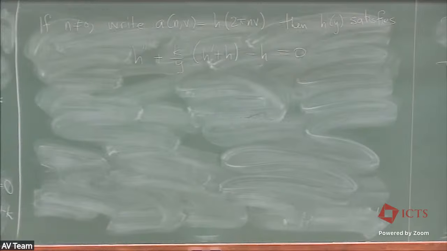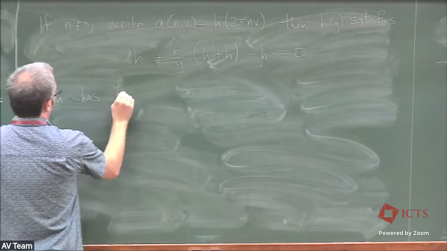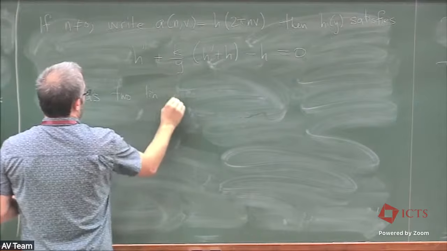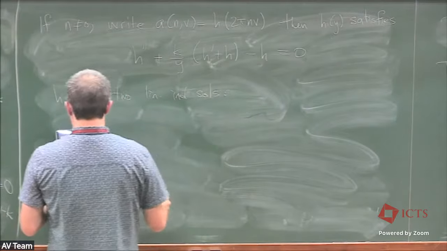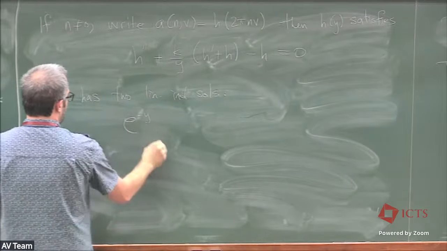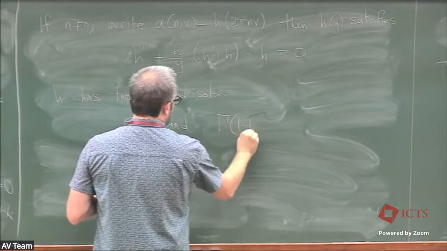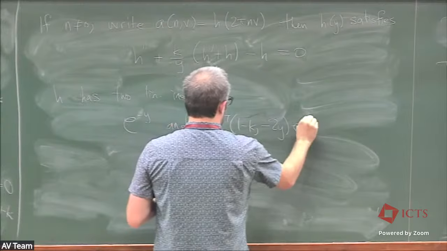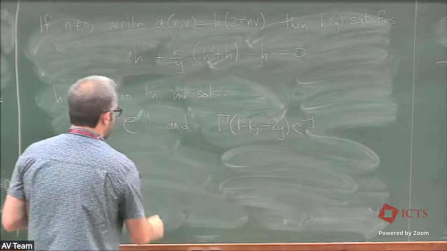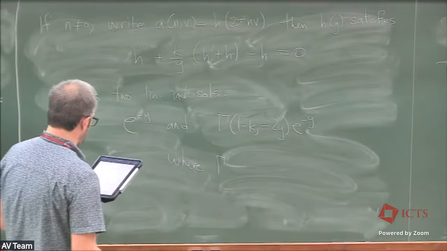Okay, there are two linearly independent solutions. So h has two linearly independent solutions, which are e^(-y) and Γ(1-k, -2y) e^(-y). And I should tell you what gamma is, though we did see it in Professor Murty's talk.